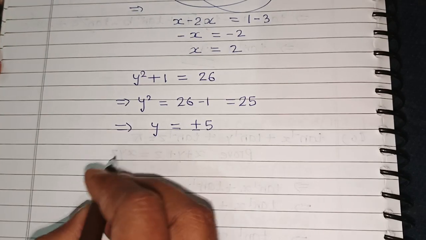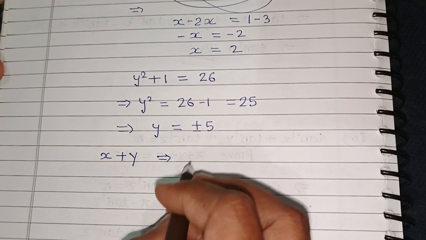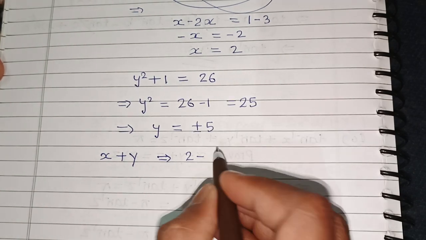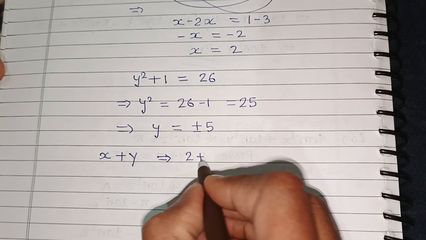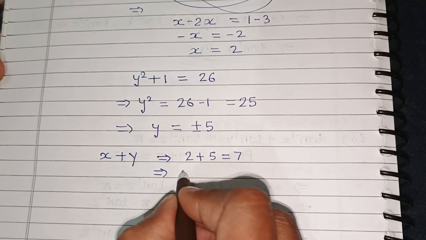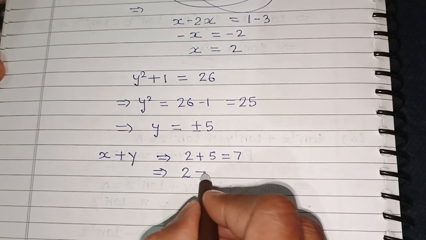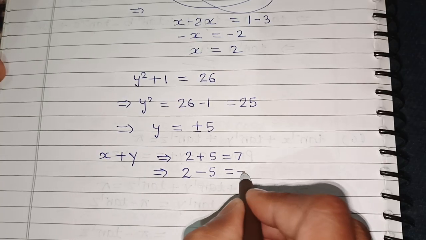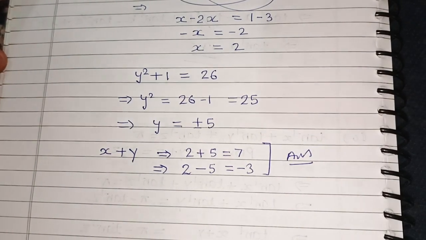Now we have to find x plus y. Here x is 2. When we take positive value of 5, that is 7. When we take negative value of y, that is minus 3. This is answer. Note down.